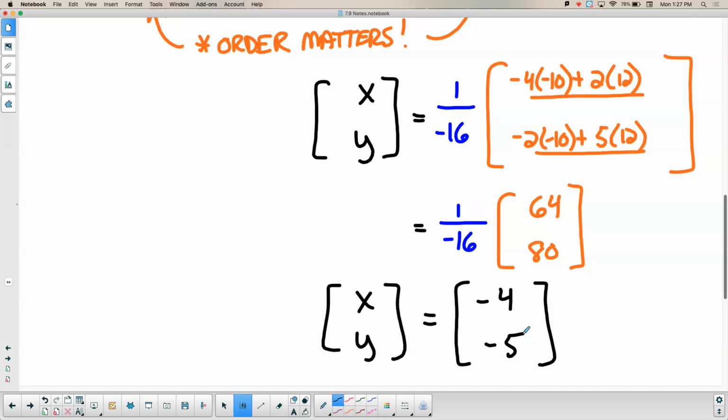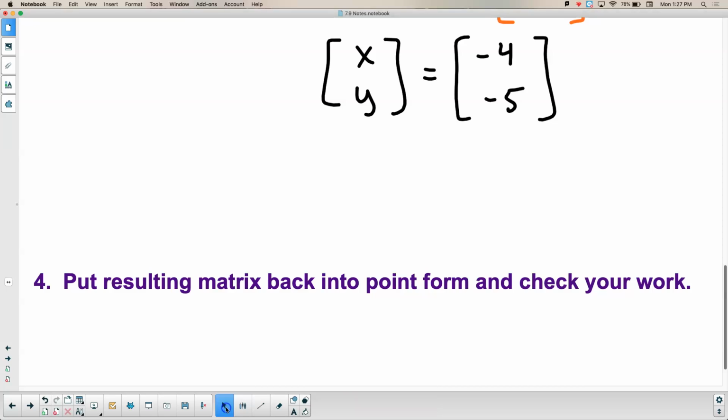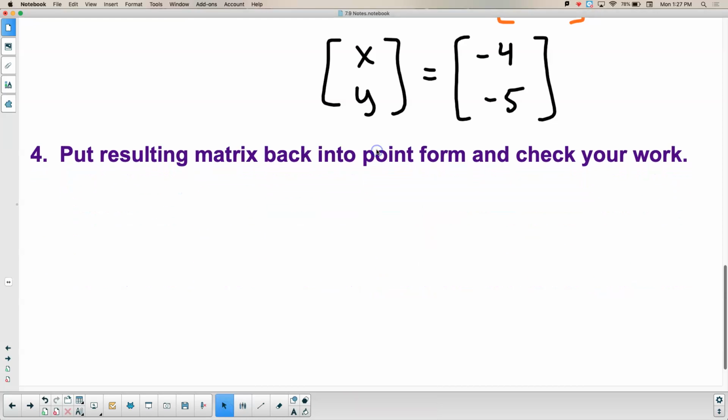So what does that tell me? The point that these two lines intersect would be at the point negative 4 comma negative 5. Okay? So I can switch it back into point form.